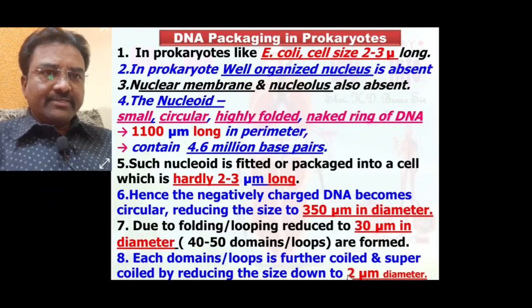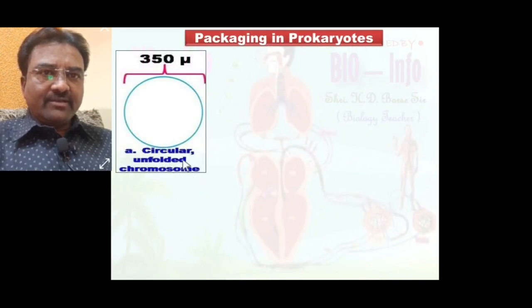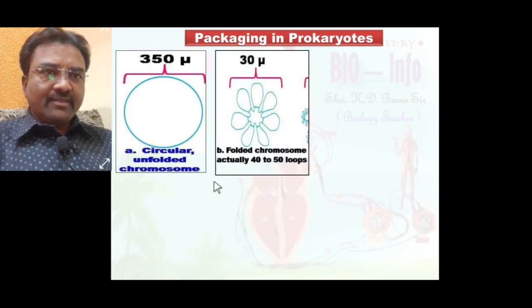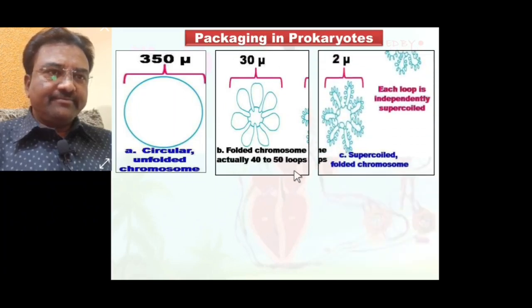Due to some changes in the nucleoid, seen here in the diagrammatic representation: the circular unfolded chromosome is 350 micron diameter, the folded chromosome actually has 40 to 50 loops forming 30 micron diameter, and the supercoiled folded chromosome is 2 micron diameter.